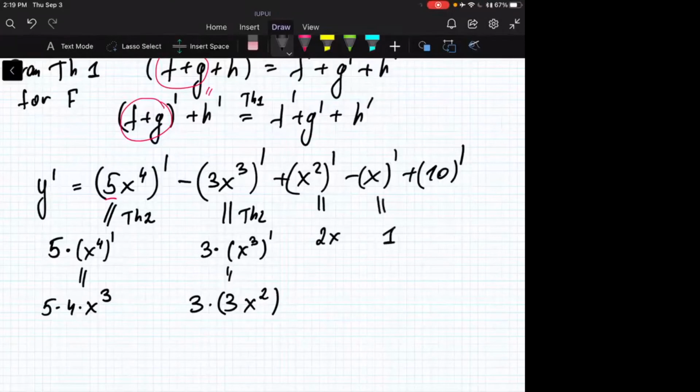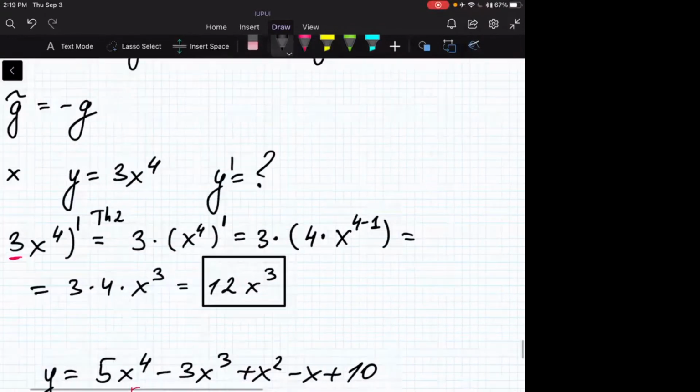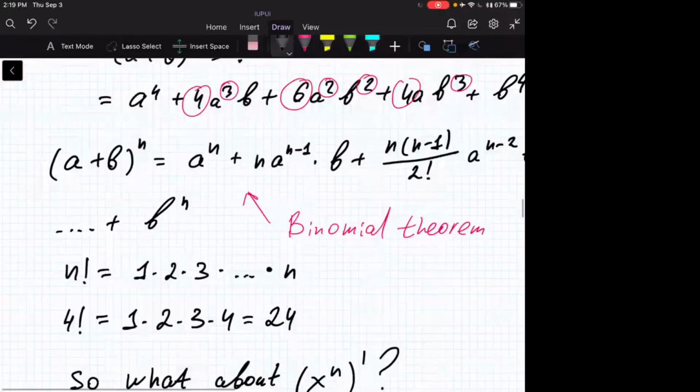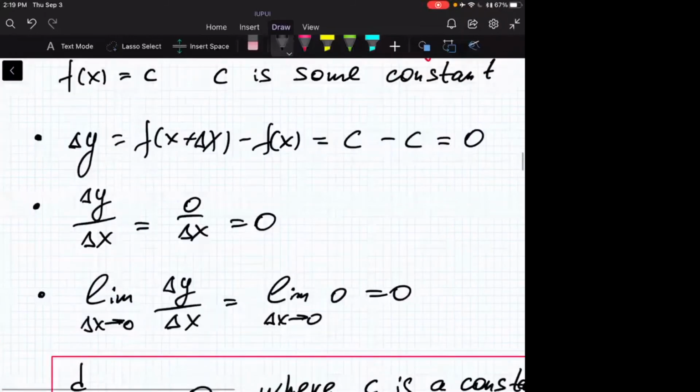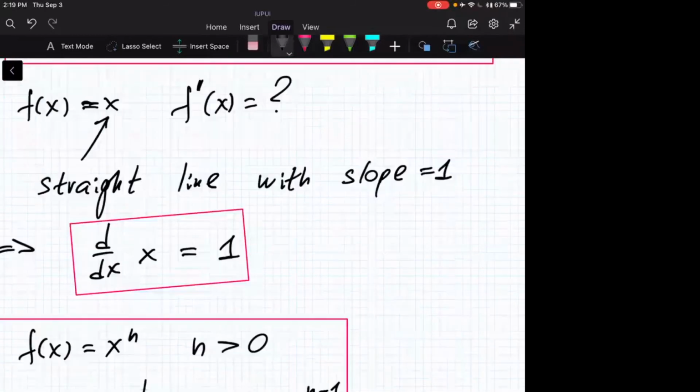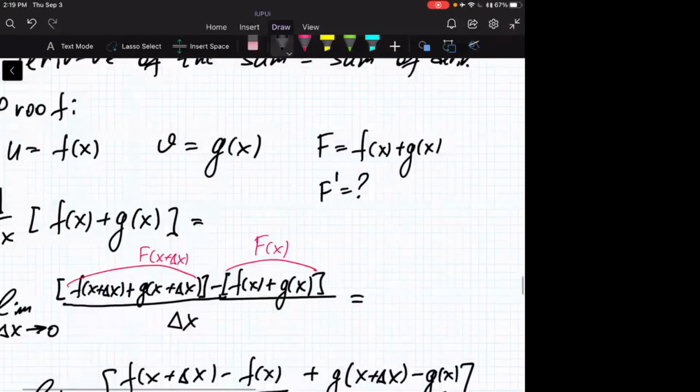This we calculated separately, just 1, and the derivative of the constant function, which is 10, is equal to 0. That's what we started with. Let me recall that. We started with that, where is it? Here, the derivative of the constant is 0, the derivative of x itself is 1.